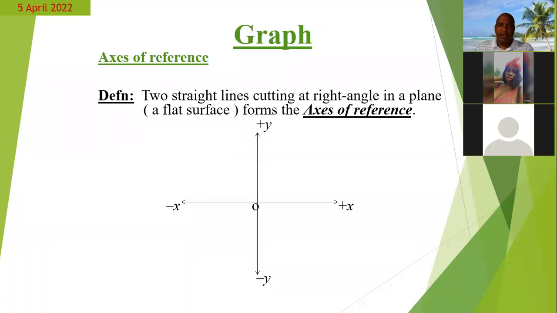All right. So generally the horizontal axis, which is the one that goes across, is also referred to as the x-axis. So in this case, this one that goes across is what we would refer to as the horizontal axis.